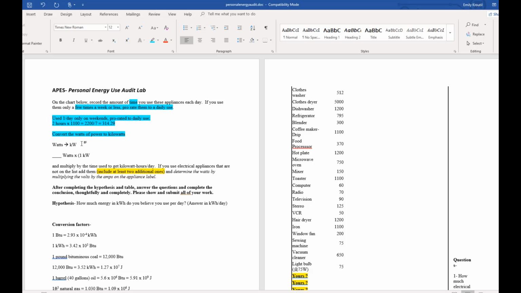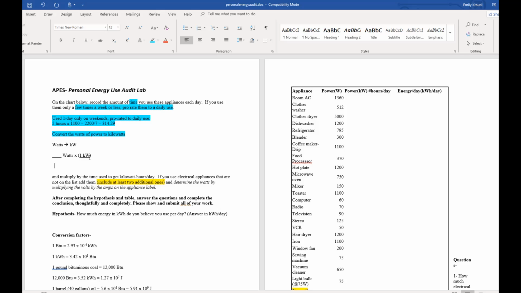So you'll want kilowatts, so you'll put that on the top. And then we'll divide by 1,000 watts, and then we'll cross that off, and we'll get our answer in kilowatts.